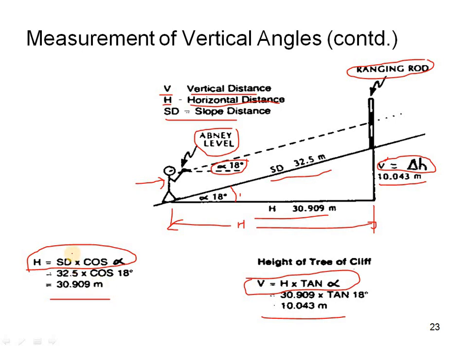If the slope distance given is 32.5, then 32.5 into cos 18 degrees gives 30.909 meters. Then the vertical height is H into tan alpha, that is 30.909 into tan 18 degrees, which gives a vertical height of 10.043 meters.